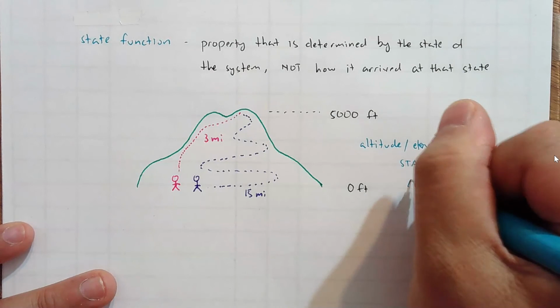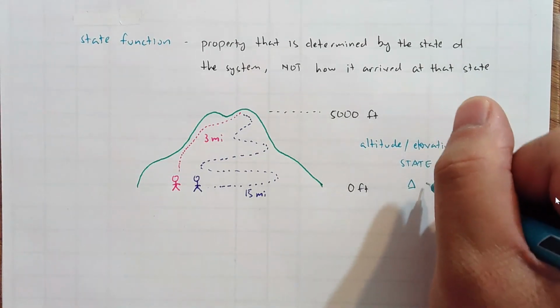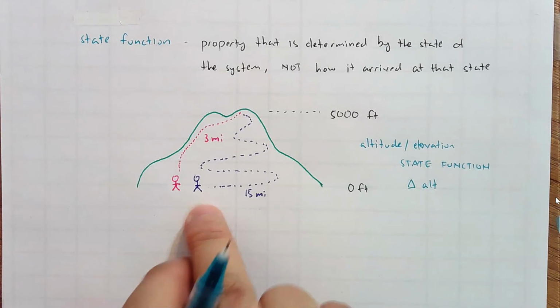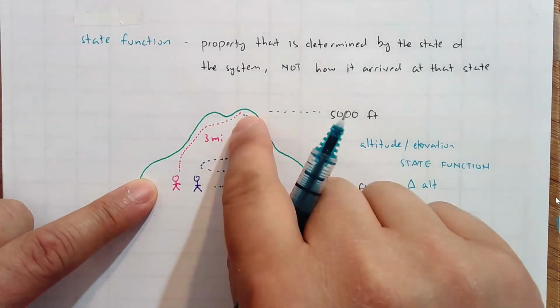And we could think of it as a delta, for instance, delta altitude. They have the same delta altitude, the starting point and the final point.